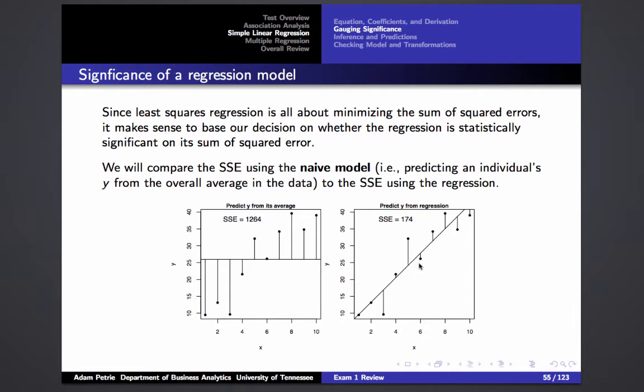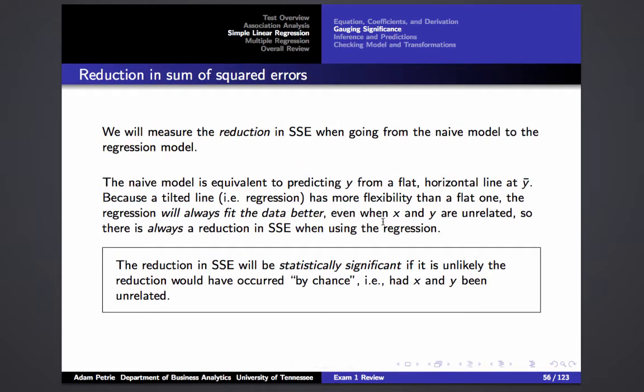Because a line, it has a slope, it has a little bit more wiggle room to fit the data better than a flat horizontal line. So there's always going to be a sum of squared error reduction when using any old predictor. In order to be statistically significant, the reduction needs to be big, larger than what you would expect by chance. So that's what I just said right here.